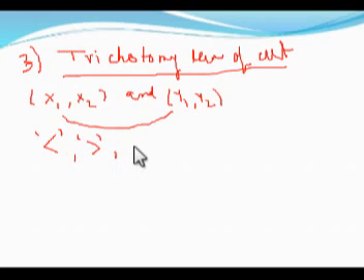So among the three relations, one relation must exist between any two cards. This is the trichotomy law.